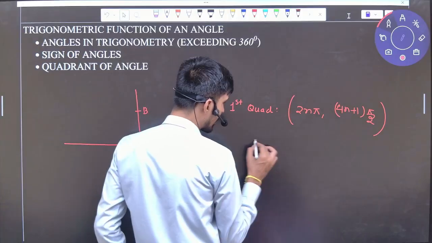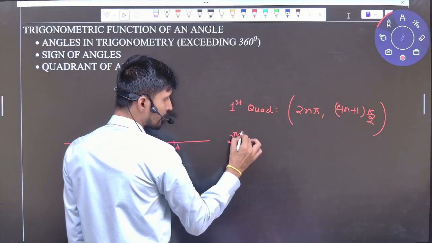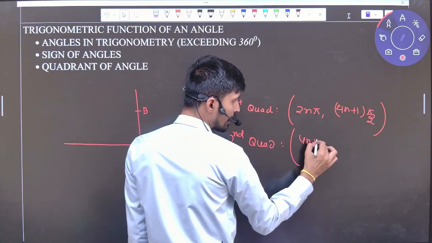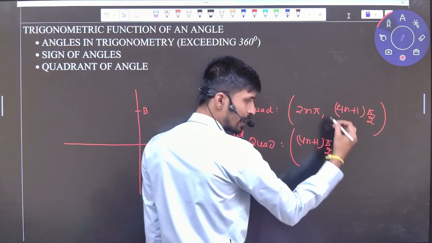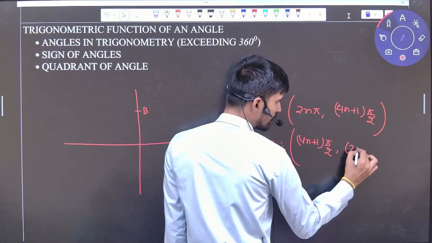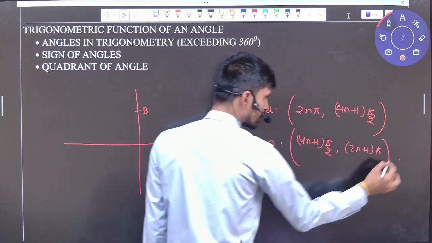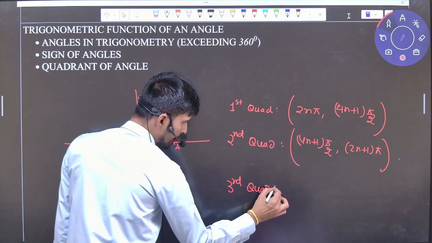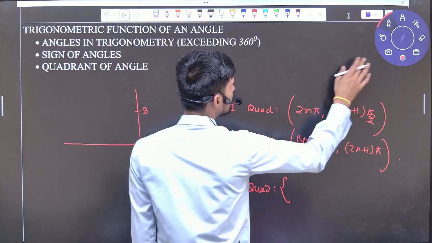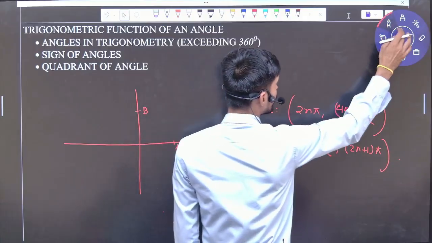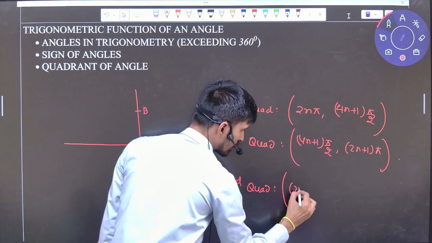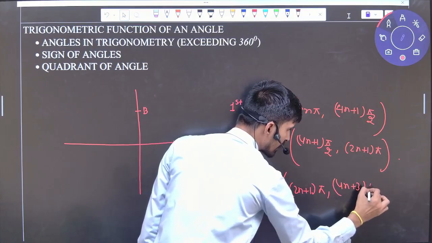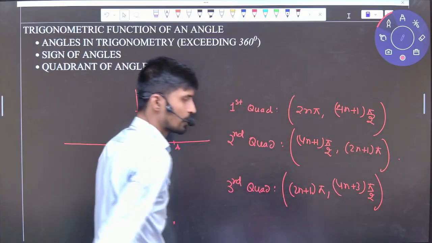And whenever you have to write the angle of the second quadrant, we'll write (4n plus 1) pi by 2 to (2n plus 1) pi. How will we write the third quadrant? (2n plus 1) pi to (4n plus 3) pi by 2.